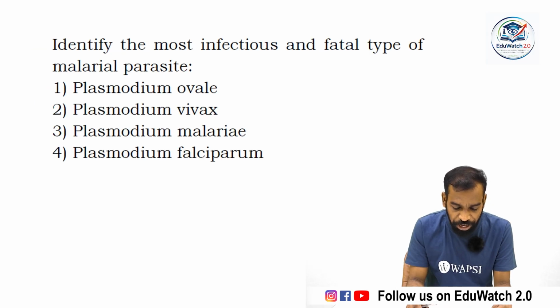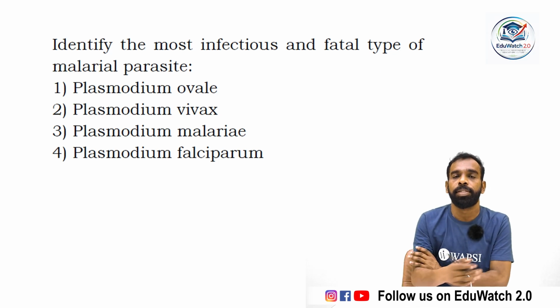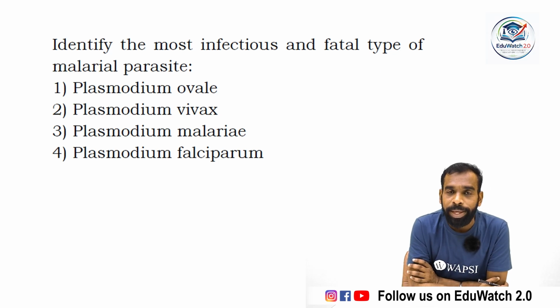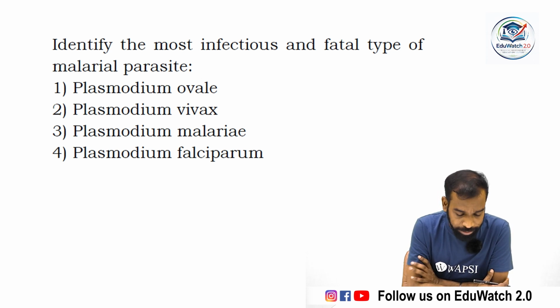Identify the most infectious fatal type of malarial parasite. Malarial parasites are of three types according to our syllabus: Plasmodium vivax, Plasmodium falciparum.